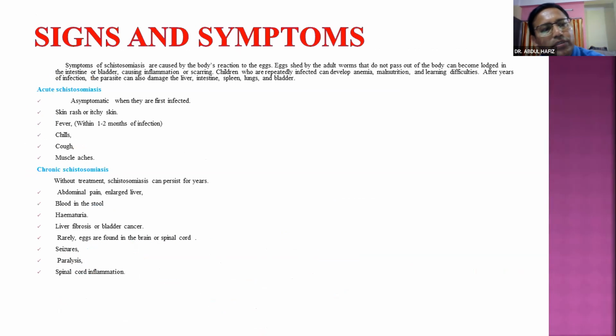Signs and symptoms: in acute schistosomiasis, skin rashes, some lesions will come on the skin, and muscle aches also occur. In chronic schistosomiasis: abdominal pain, enlarged liver, blood in stools, hematuria, liver fibrosis, seizures, paralysis, and spinal cord inflammation.